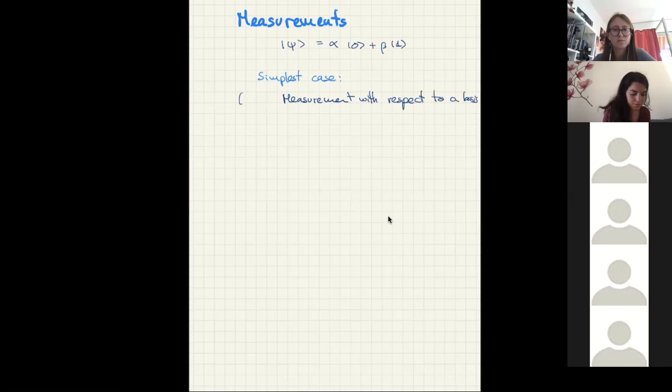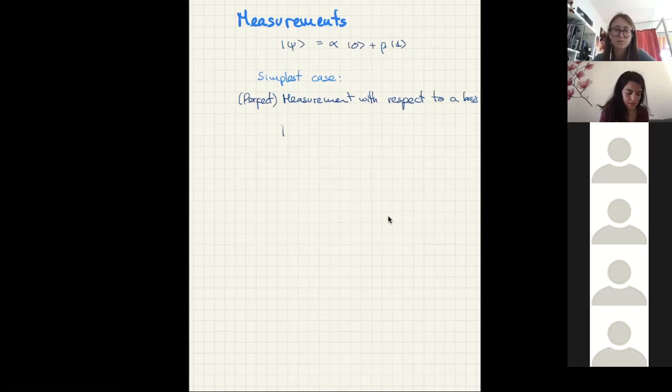And this is a perfect measurement. In this case, for example, we have a particle and want to measure exactly the position, or we have this qubit and we want to measure in the 0, 1 basis, for example.